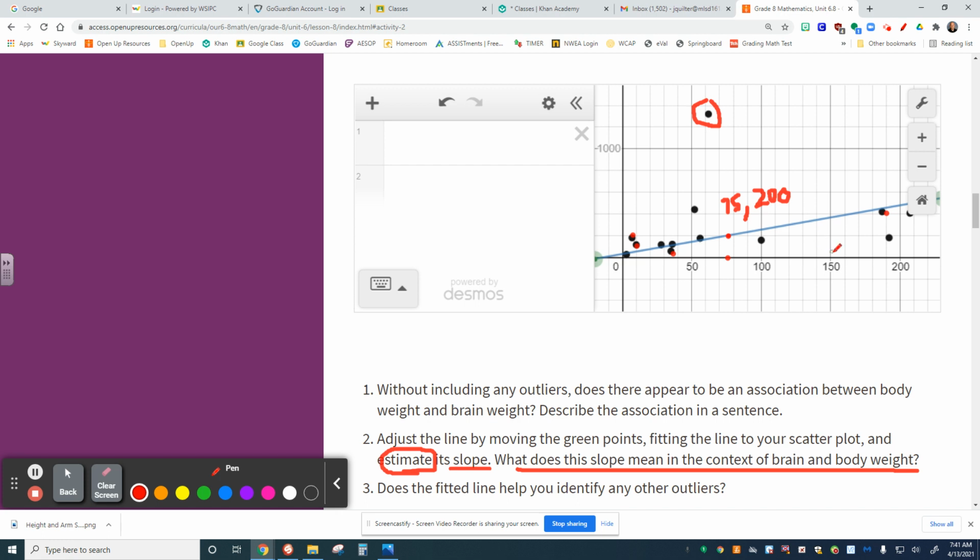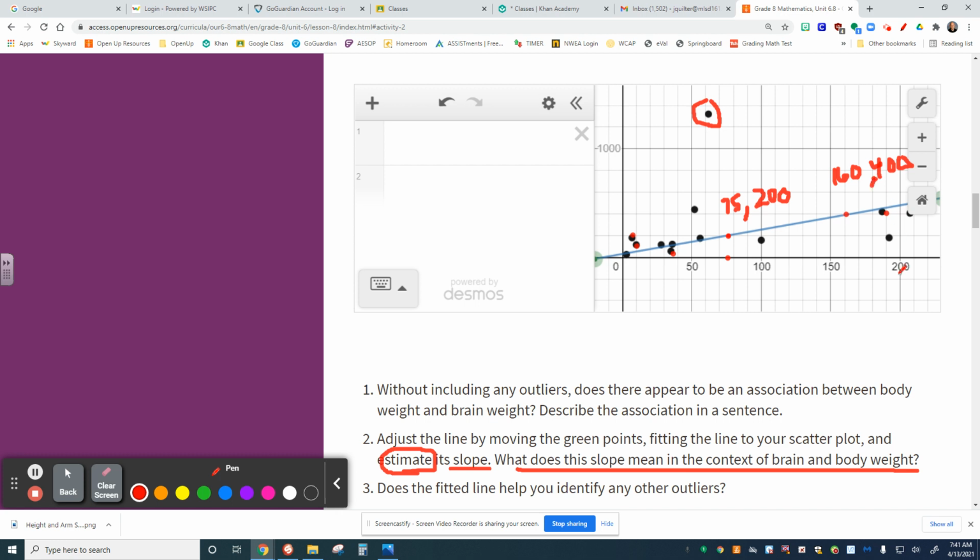For one ordered pair. And then I think I can go ahead and go off of this one. This is going to be 160 and 400. And that gives me an opportunity to be able to figure out approximately where my slope is. Forgive me, I'm trying to draw these ordered pairs with a mouse.